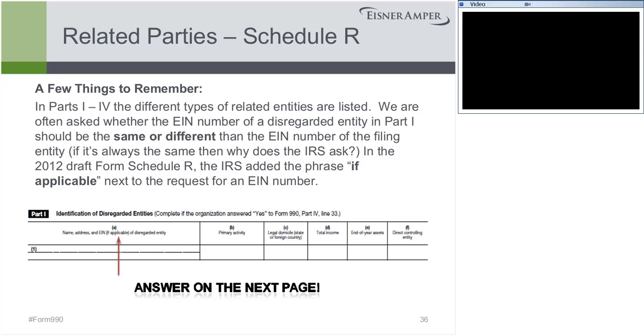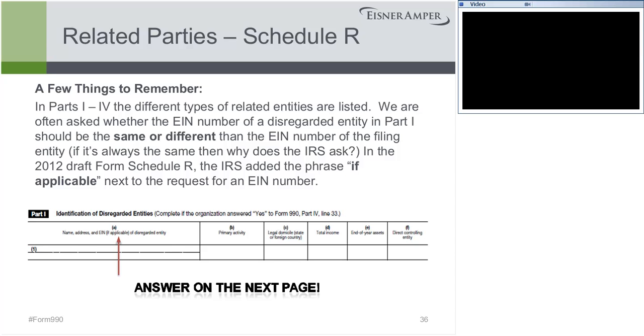The answer is that very often, if a disregarded entity was created where we are the sole member as the charity, the EIN of the LLC is the exact same EIN as the charity. So there's no difference in the number. Legally, we're under the same tax filing ID number. There are reasons why the LLC might have its own unique tax ID number.